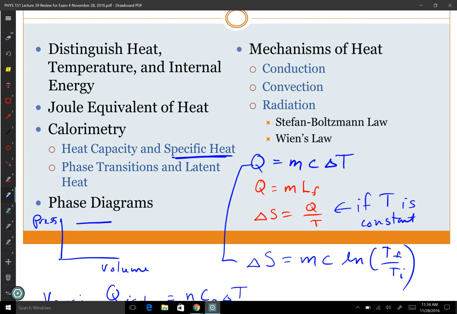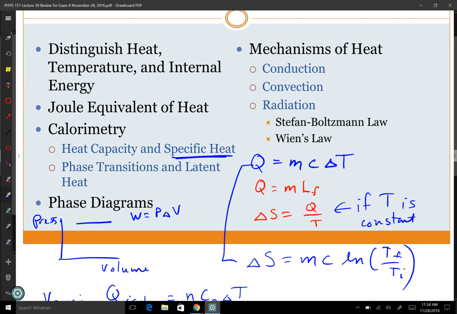Isobaric, because the pressure stayed constant. And I can calculate the work done for that, because work is equal to P times change in volume. So isobaric is really easy to calculate the work.